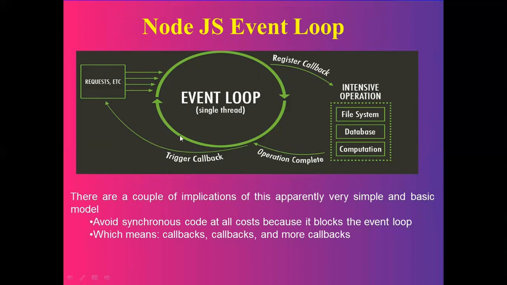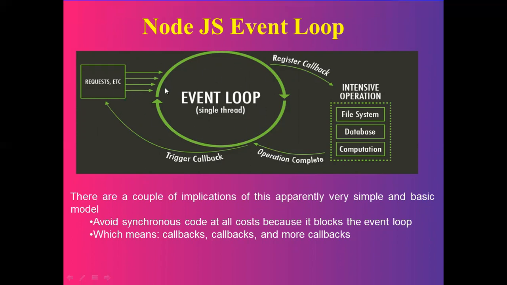After completing the IO operation, it will trigger the callback to that request. Callback means passing the message or event with its arguments. So the callback event is triggered to that request, which means sending the response to that request. This is the event loop in Node.js.